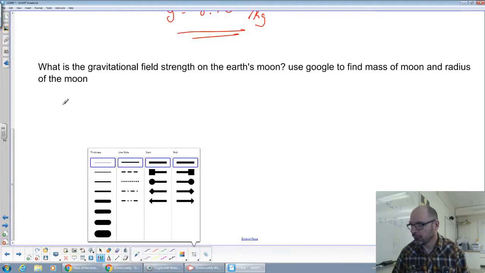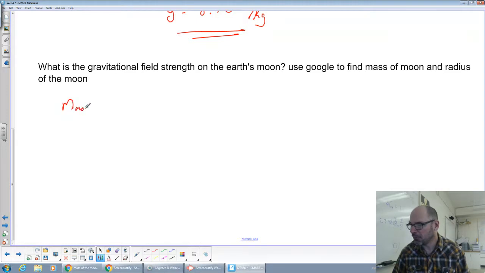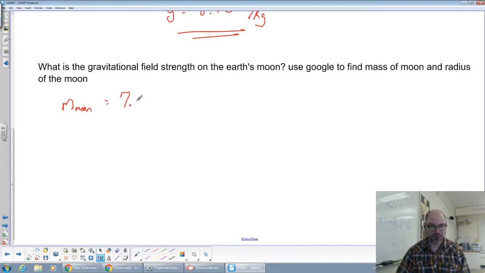There we go. Mass of the moon. Okay, according to Google, it's 7.377673 times 10 to the 22 kilograms. So let's go to three significant figures: 7.35 times 10 to the 22 kilograms.